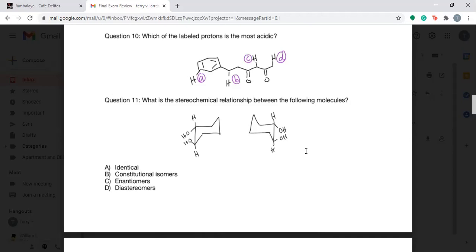Okay, so Gwen, Maggie, Matthew also says A. Do you agree? I don't know. I don't think they're identical. I'm not entirely sure though.